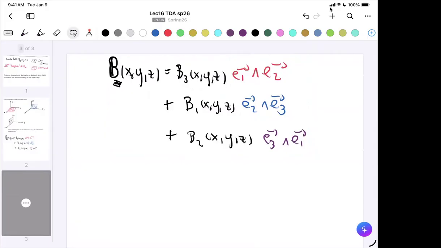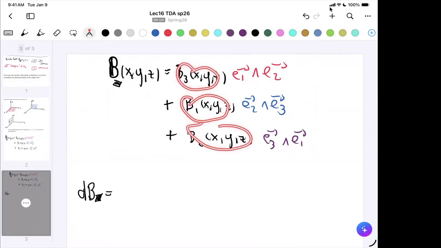So the way that the derivative is defined for this is just as before. You just take the derivative of each of the coefficients, and then you wedge it with whatever was left.